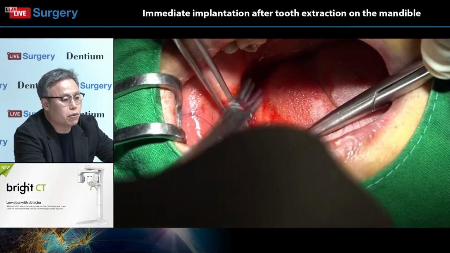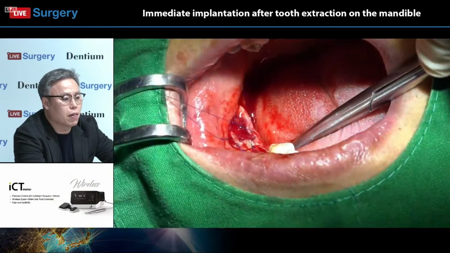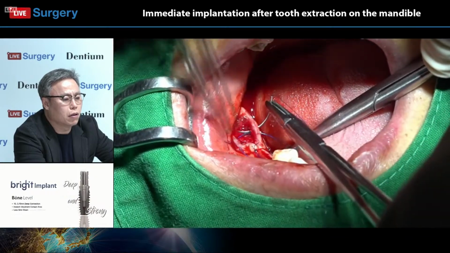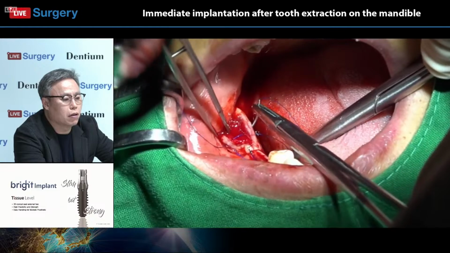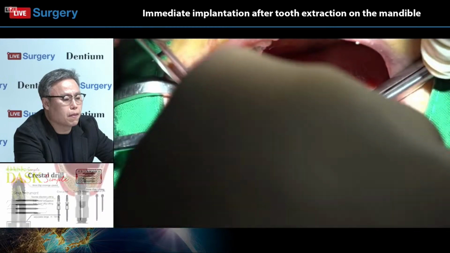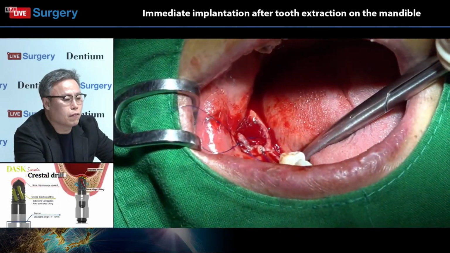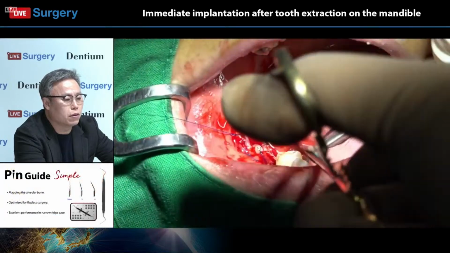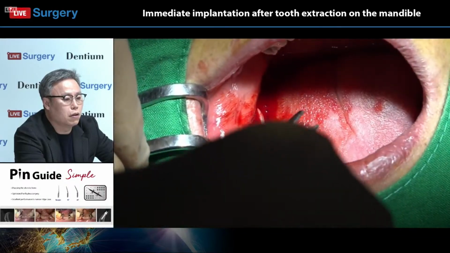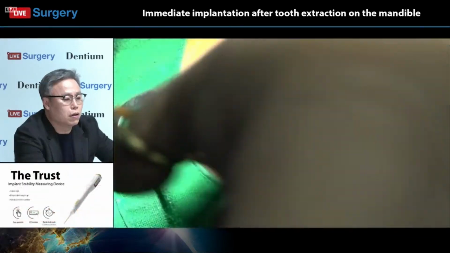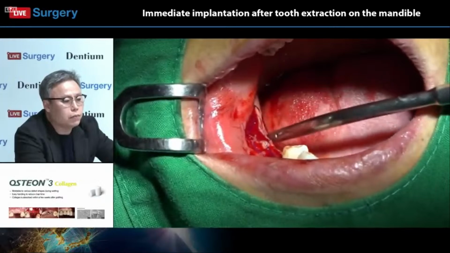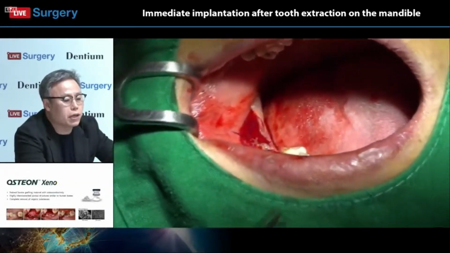Looks like he's doing the open membrane technique. Open membrane technique. Maybe it'll be closed. Yeah. I think he applied the collagen matrix just in case.